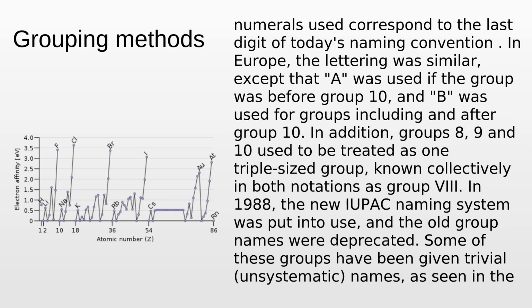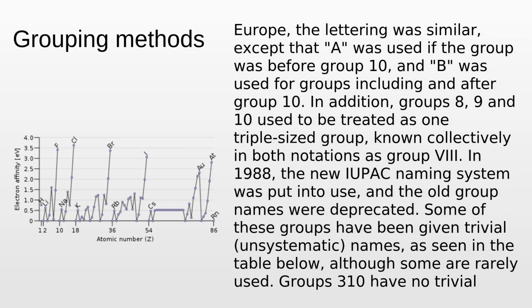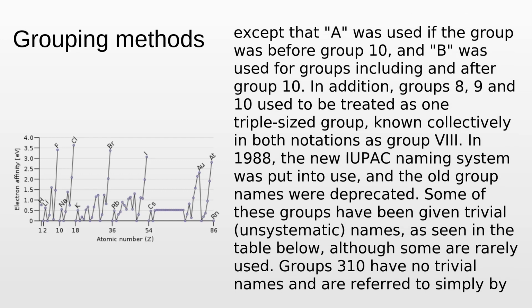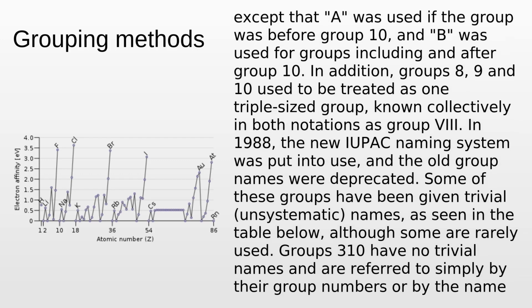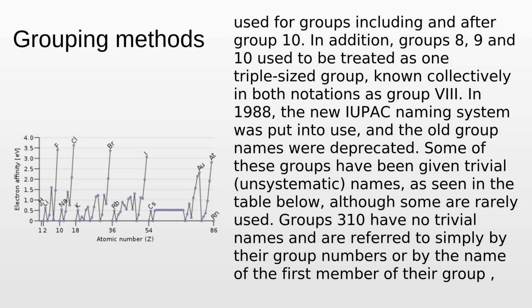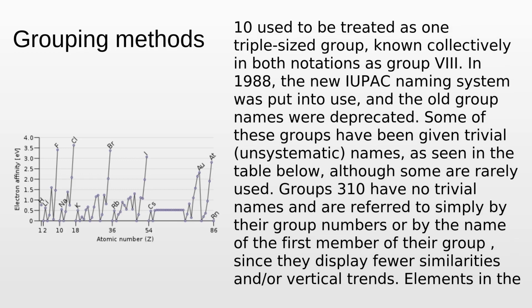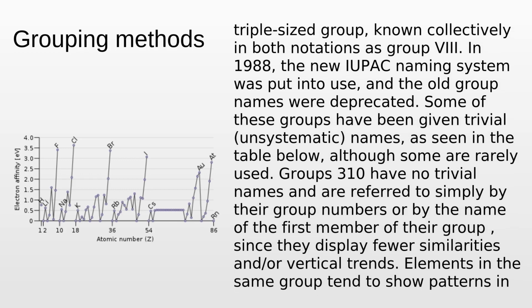In Europe, the lettering was similar, except that A was used if a group was before group 10, and B was used for groups including and after group 10. In addition, groups 8, 9 and 10 used to be treated as one triple-sized group, known collectively in both notations as group 8.